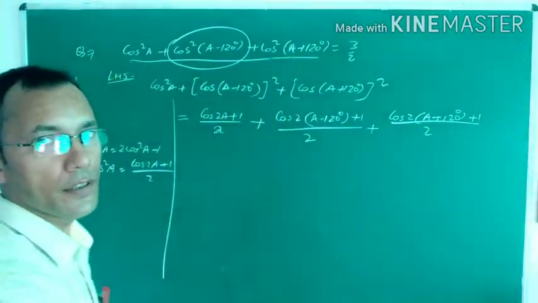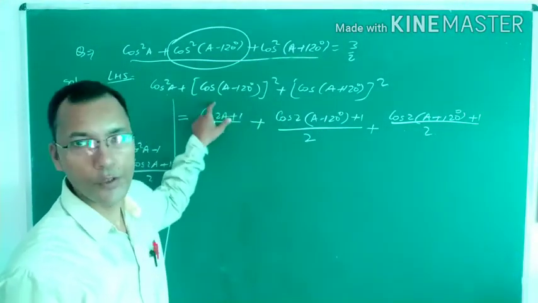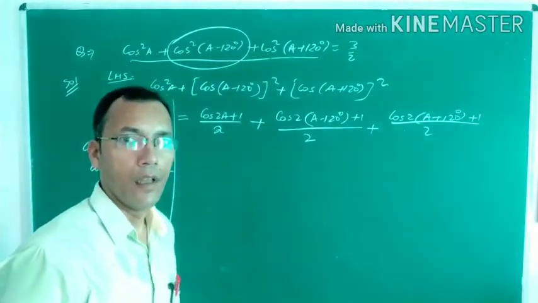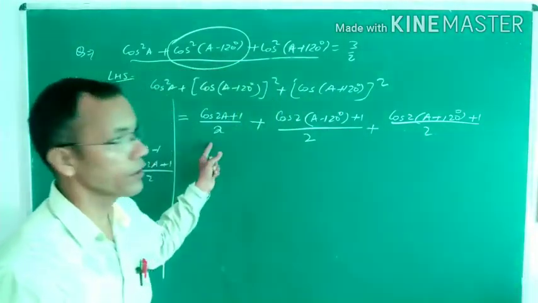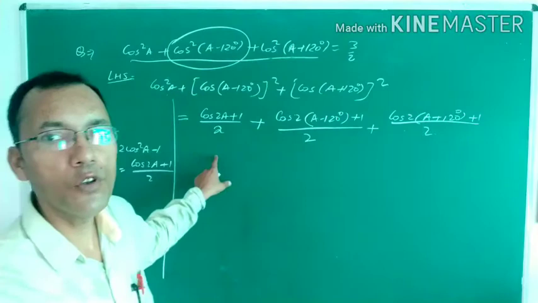So we can sort this out either by the whole square of cos (A minus B) and cos (A plus B), or by using cos square A equal to (cos 2A plus 1) upon 2.